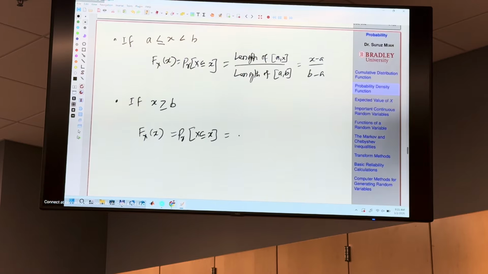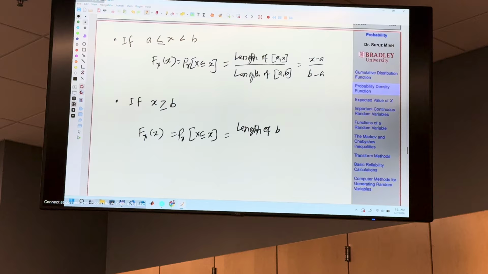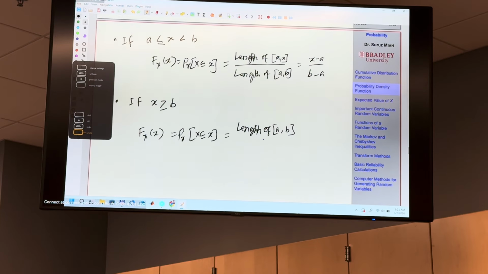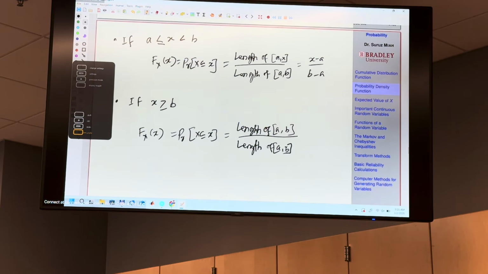So you can just think of it as the length of AB over the length of this one, which is basically b minus a over b minus a, which is 1.